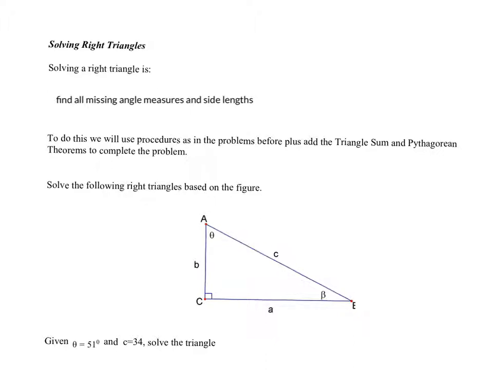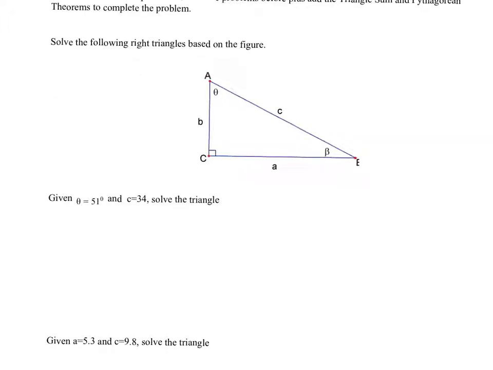And to do this, we're going to use the procedures in our previous problems, including the triangle sum theorem and the Pythagorean theorem to finish solving the problem. So we're going to use the following triangle ABC, and then we're going to do some examples.